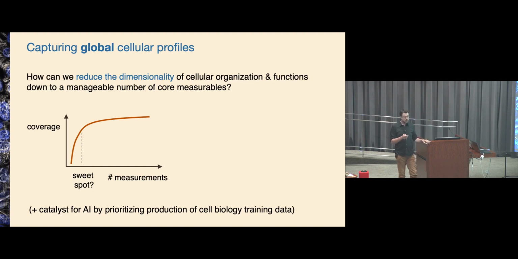What is the compressed panel of measurements that gives us critical coverage of cellular functions? I think this question is central in cell biology today, and especially central in the age of AI, because we're going to need ways to prioritize the data we should produce to get the very high amount of training data for all the models that we're dreaming of developing.